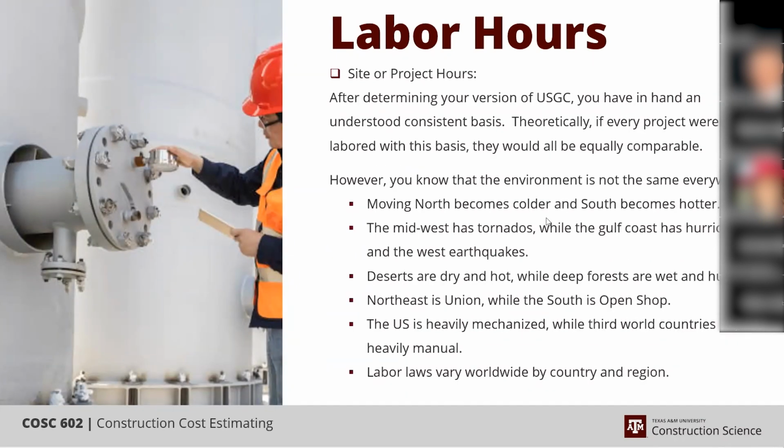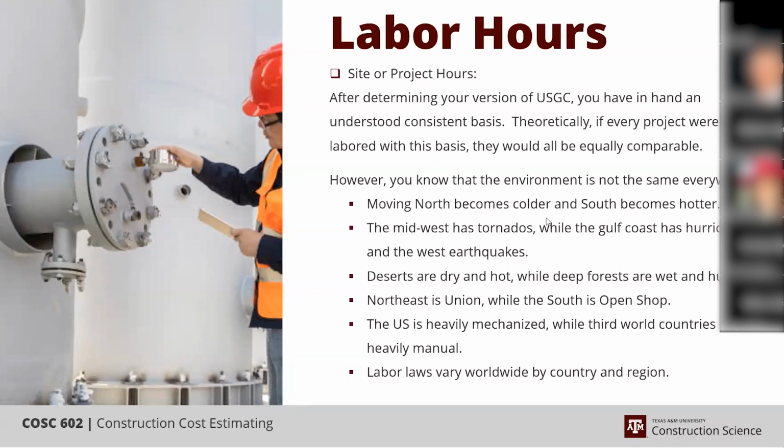So what do I mean by site productivity? If we're already building everything into the database, and your database represents U.S. Gulf Coast, which means it's a standard that represents nice weather, reasonable congestion, etc., on the Texas Gulf Coast, then what else is there to take into consideration?